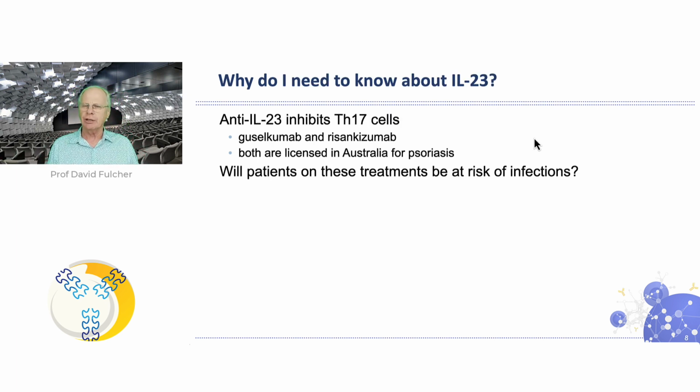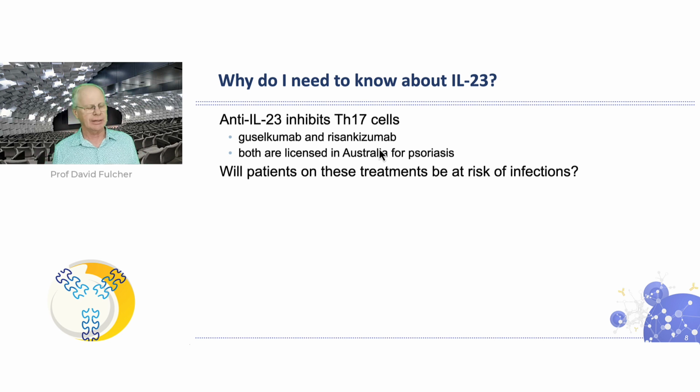So why do you need to know about interleukin 23? I've emphasized it again in this year's lectures more so than previously because there are antibodies or therapeutics coming out which target interleukin 23 for managing diseases which are Th17 driven. So guselkumab and risankizumab are monoclonals which are licensed in Australia for the treatment of psoriasis.